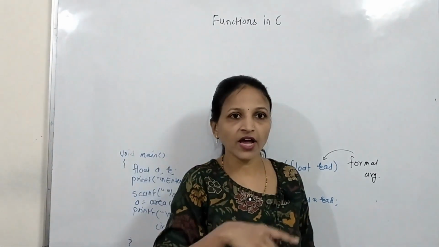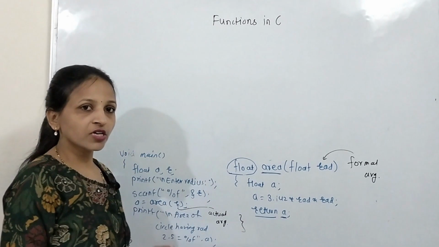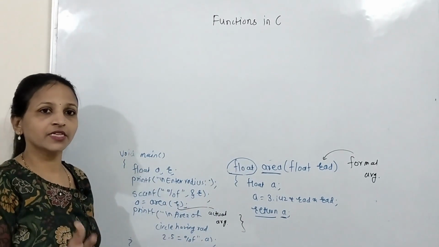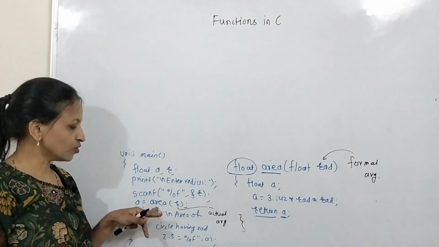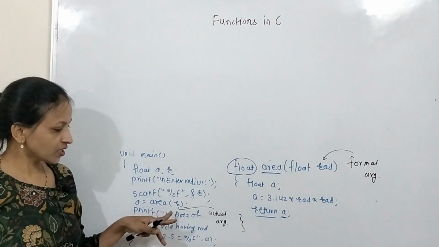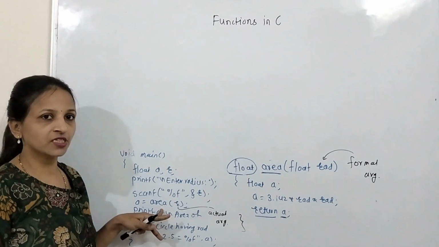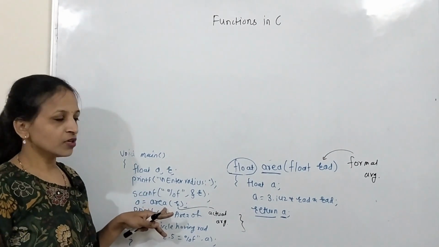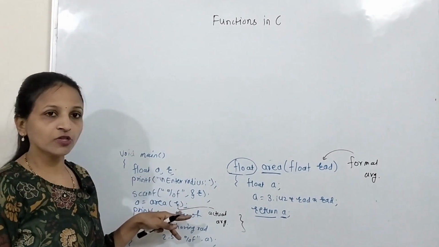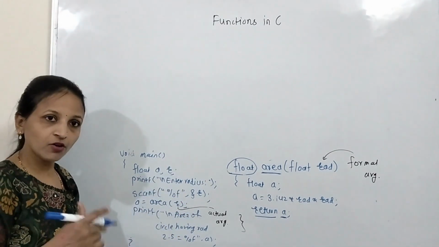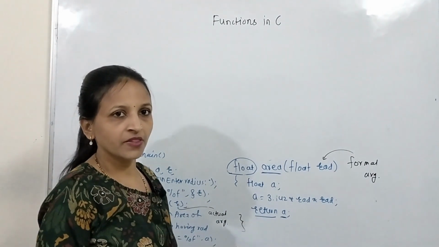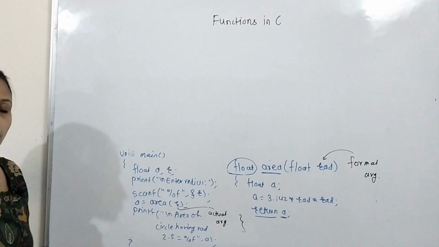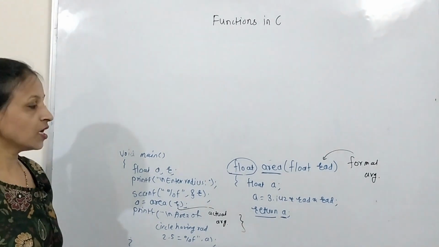Always remember why: by default the compiler will consider the return type of every function as an integer. Here also the compiler will consider the return type of that area function as an integer, because up to this point the compiler doesn't know where the area function is, since we wrote the function definition after main. That's why the compiler can give you an error in that case, or sometimes a warning.